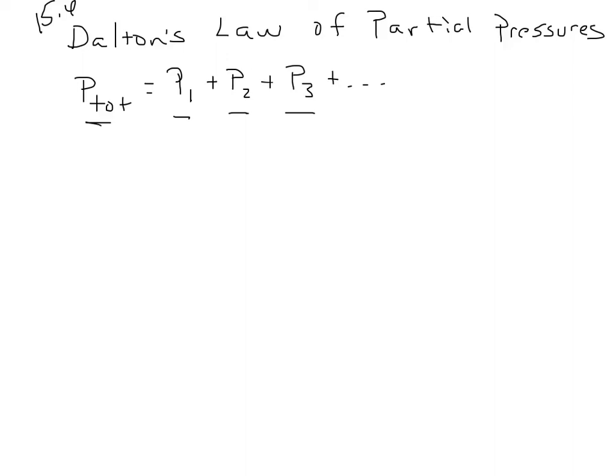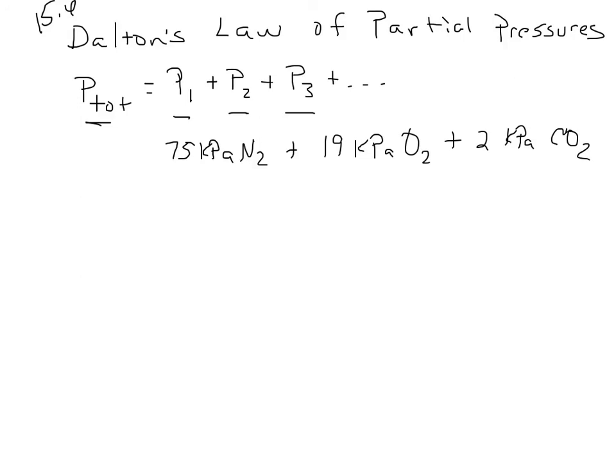For instance, if we took a container of gas and we measured it and found that it had 75 kilopascals of, let's say, nitrogen, and 19 kilopascals of pressure of oxygen, and let's say 2 kilopascals of pressure of CO2. If we measured each of these gases individually, these would be the individual pressures. These are what they call the partial pressures.